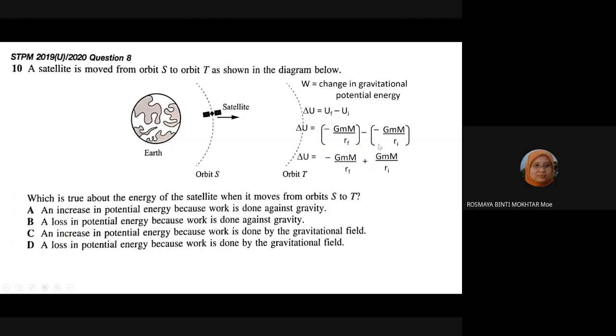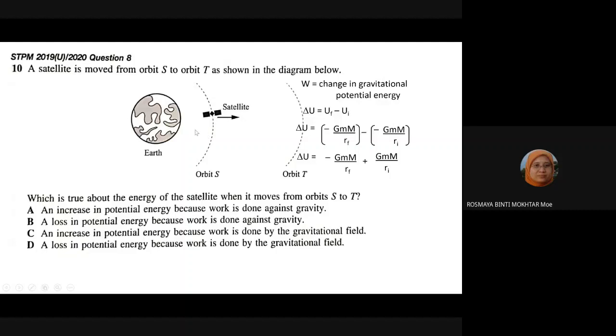Now we substitute and simplify the equation. Minus becomes plus. That's why you must put the negative together. Here it becomes plus. Now which one has the smaller radius, initial or final? Initial has the smaller radius.